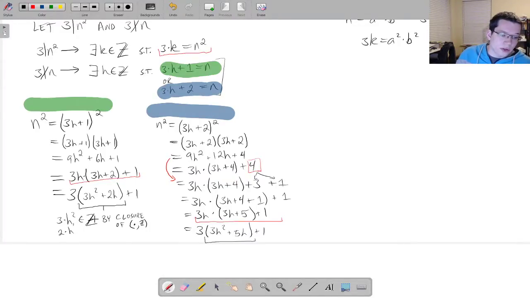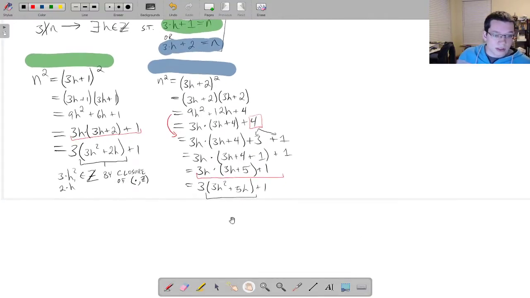So both of those are integers by the closure of multiplication in the integers. And then 3h squared plus 2h is in the integers by closure of addition in the integers.